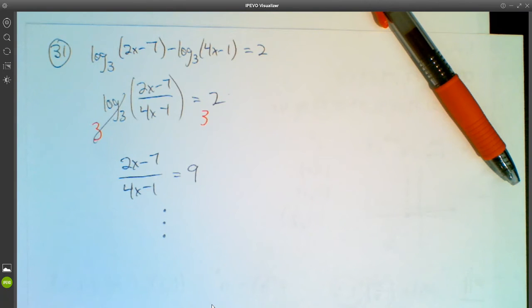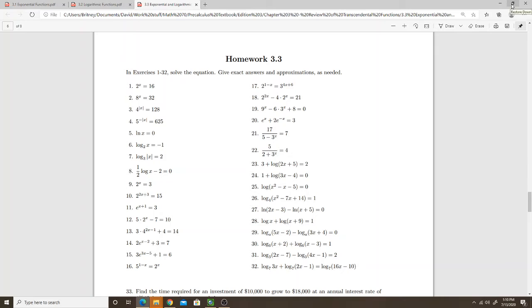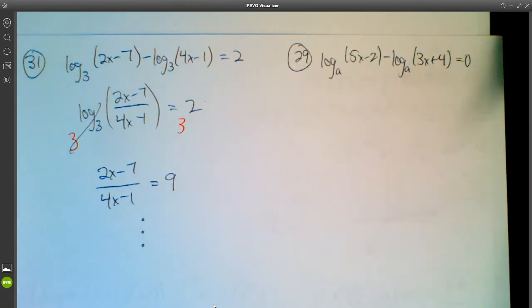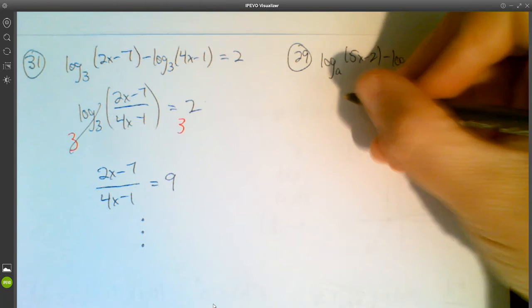Okay? So with that in mind, looking back then at number 29, log base a. What makes this one a little difficult is that you don't even know what the base is. But as we'll see in a second, it doesn't matter. So we have log base a of 5x minus 2 minus log base a of 3x plus 4 equals 0. Following the same strategy, I would rewrite this as a single logarithm.